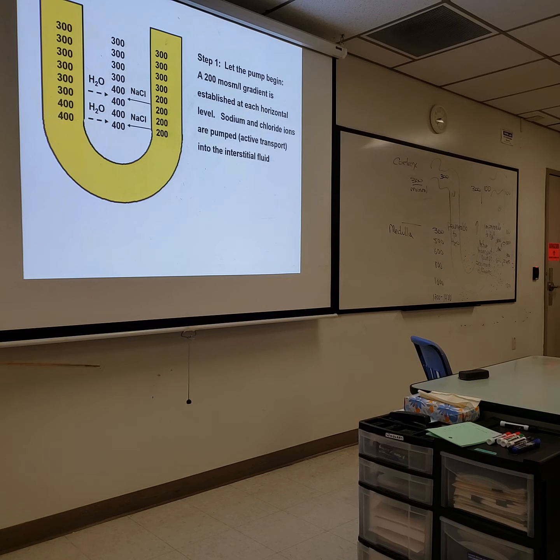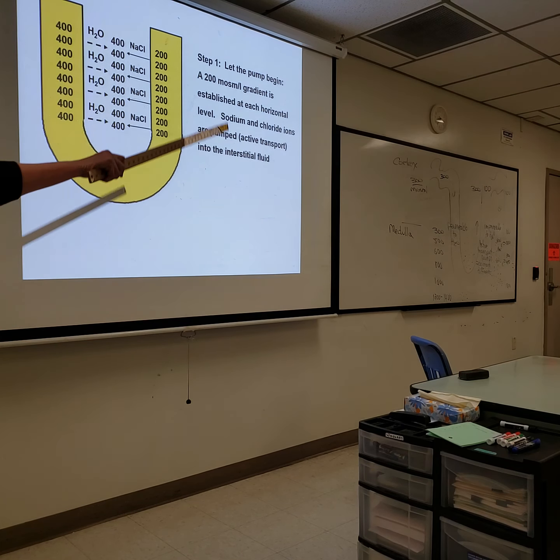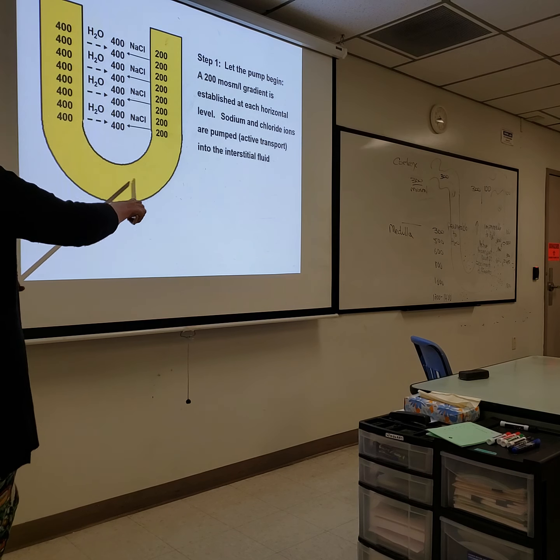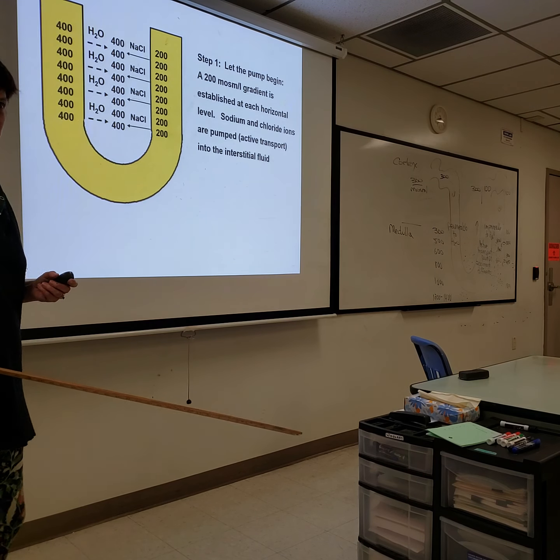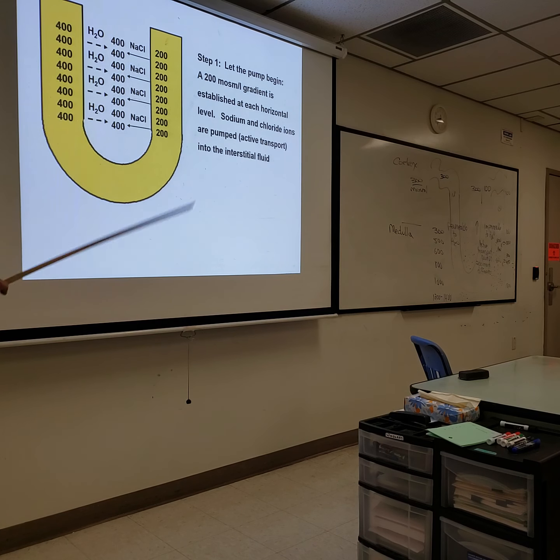So we just go up the stream, maximum of 200 milliosmol difference. Countercurrent though, so we're going to allow this filtrate to flow through and we're going to bring some of this over to that side. This is how we create the gradient. Because if this was not a multiplier, we'd be left with 200, 400. And that's the maximum we could concentrate our filtrate, 400.